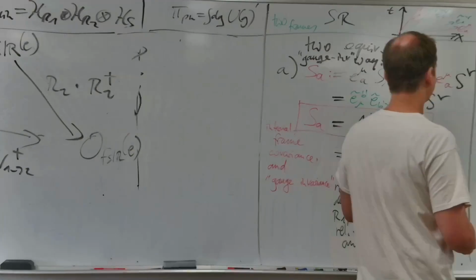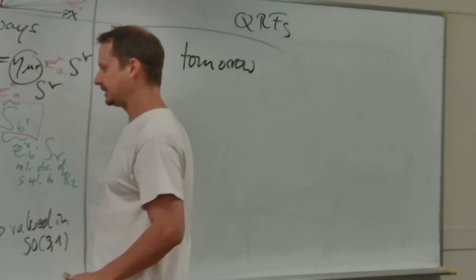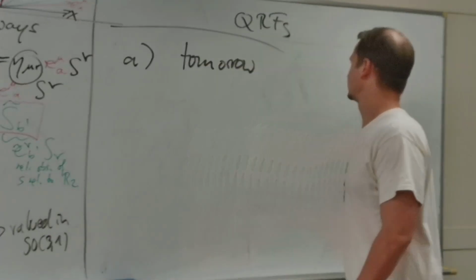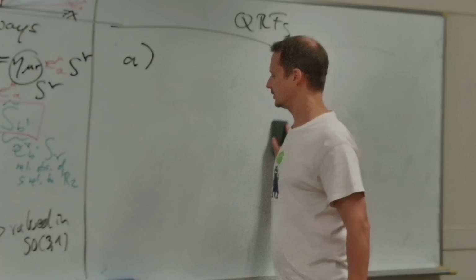All right, and now let's do the analog of option A, the gauge invariant way of transforming observables.